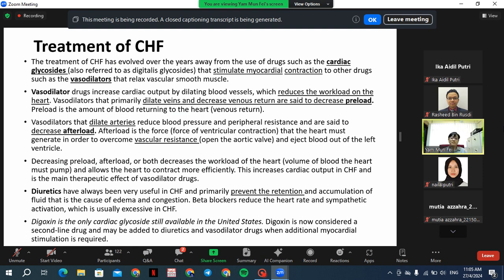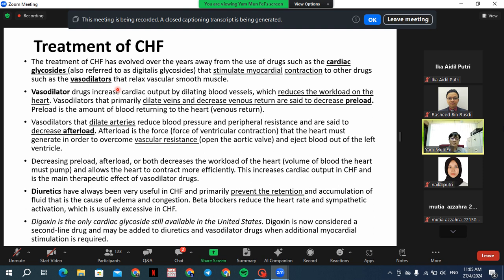So how do we treat chronic heart failure? Normally there are certain approaches. One is to increase the contraction of the heart, so normally they use cardiac glycoside to stimulate myocardial contraction. Sometimes they also use vasodilators to cause vasodilation, to reduce the workload of your heart.